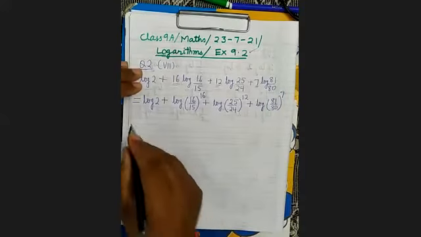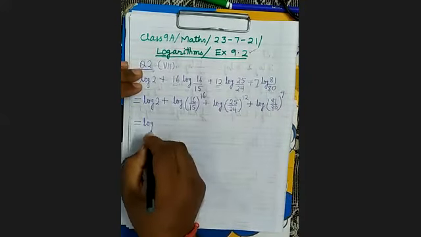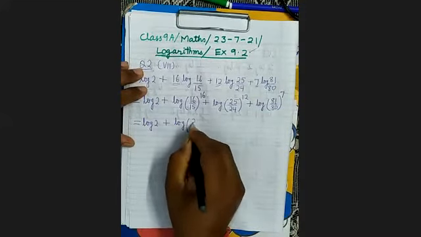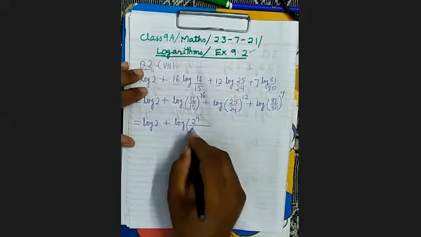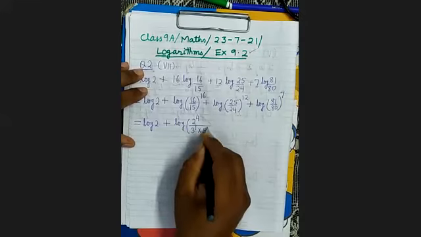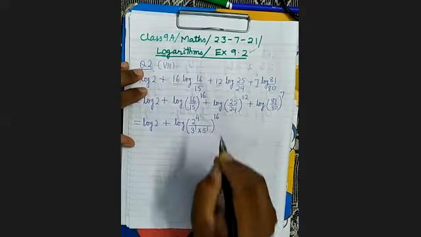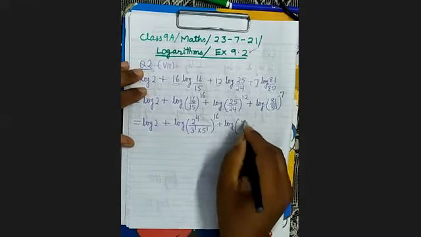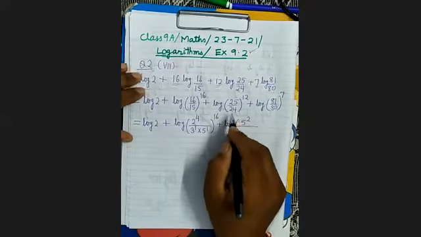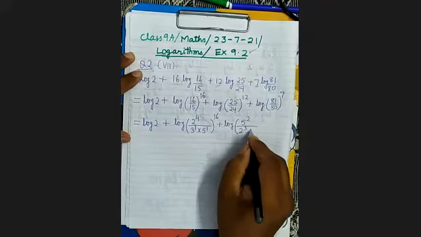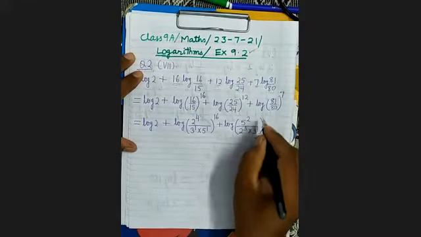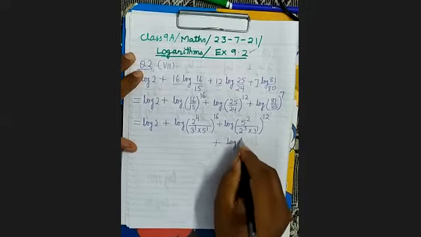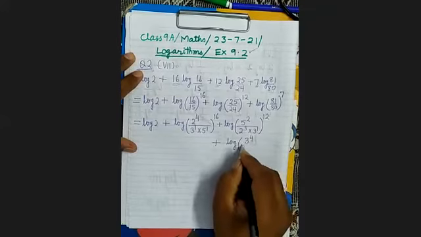So now you write down here it is log 2 plus log (2 to the power 4 upon 3 to the power 1 into 5 to the power 1) whole to the power 16 plus log (5 square upon 24, which you can write as 2 to the power 3 into 3 to the power 1) whole to the power 12 plus log 81, which is 3 to the power 4, upon 80.